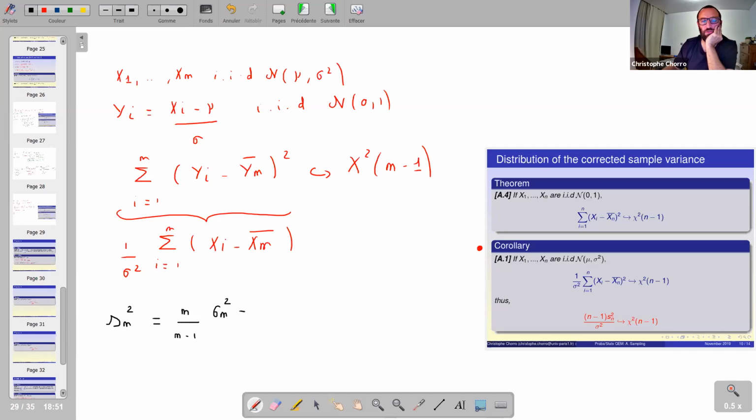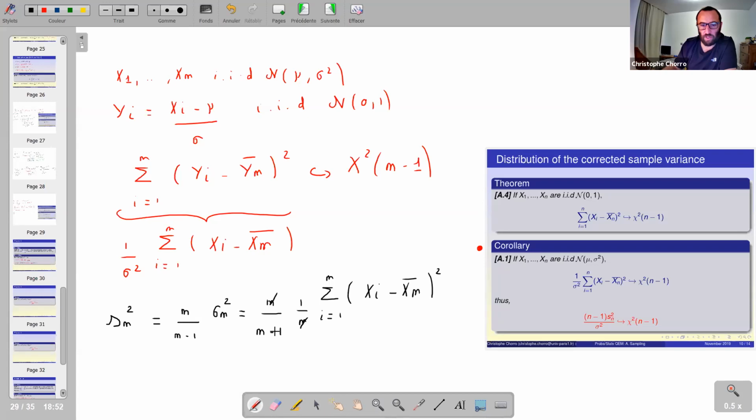So this quantity is just equal to 1 over n minus 1 times the sum from i equal to 1 to n of (Xi minus Xn overline) squared. I have a simplification between this term here, and I see that the corrected sample variance is just equal to this sum divided by n minus 1.